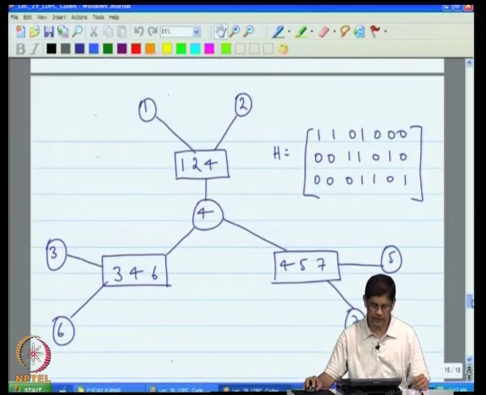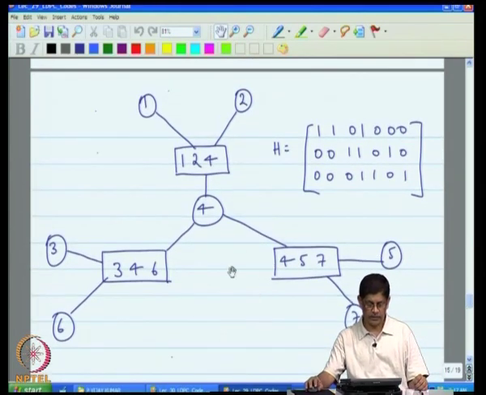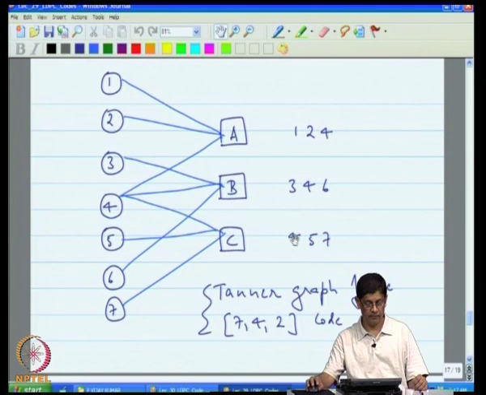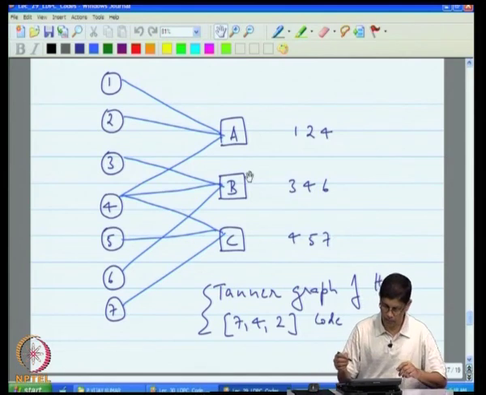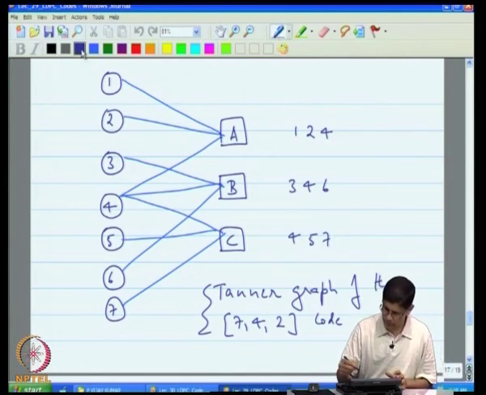Just to make the connection with what we had discussed earlier, here was a junction tree for a code defined by this parity check matrix, and you can redraw it in the form of a Tanner graph. This code however is not an example of a DV-DC regular code, and you can actually see that. However, it still does have a representation in the form of a Tanner graph.